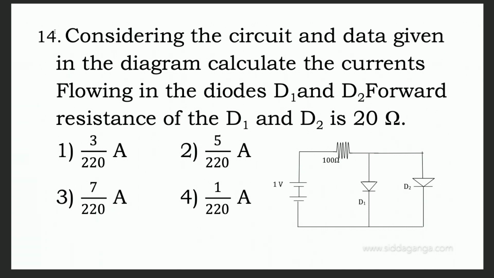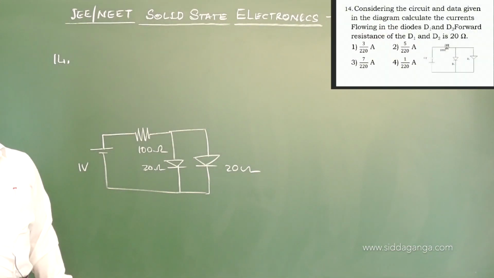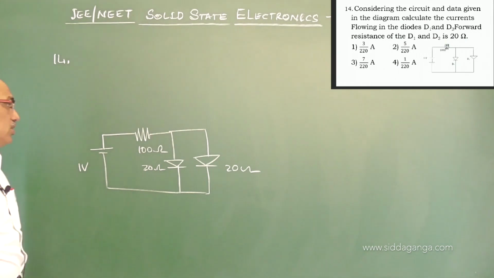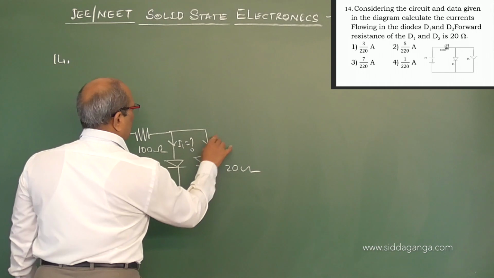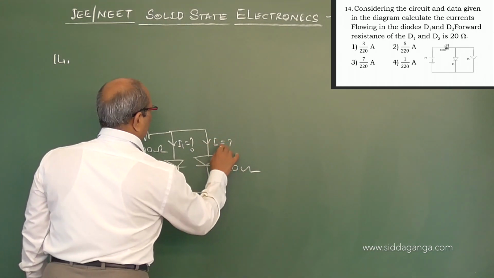The two diodes are in parallel, connected with the same sense. Each one has resistance 20 ohm. What is the current in each diode?